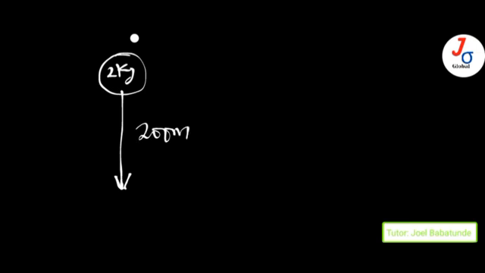Let's say that a ball of mass 2 kg falls from rest from a height of, let's say, 200 meters. This is the ground level.